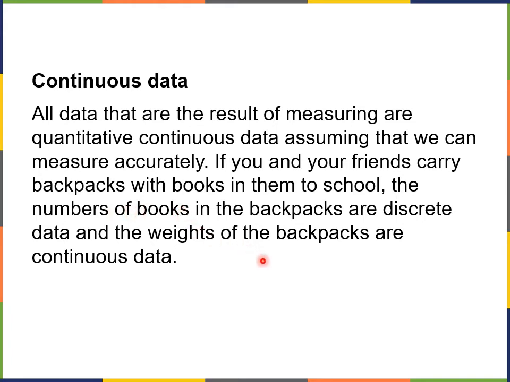However, if you wanted to look at the weights of each one of your book bags, that would be continuous. It's a large scale, an infinite number of possibilities depending on our precision of weighing those bags, and most likely we'd use decimals to represent it. So usually things like weights, heights, things that are measured on a scale would be considered continuous data. Understanding which one you have is important because how we study it will make a difference, especially when we get to something called probability distribution.